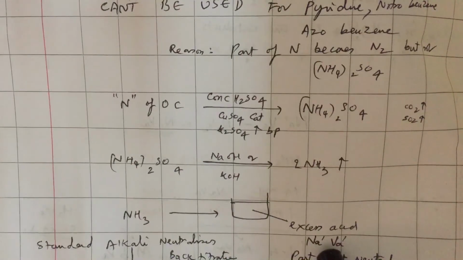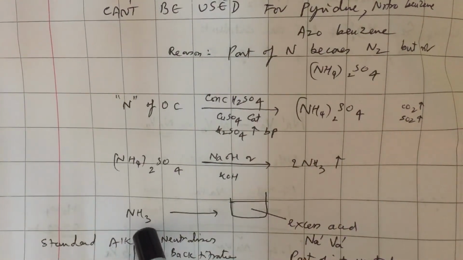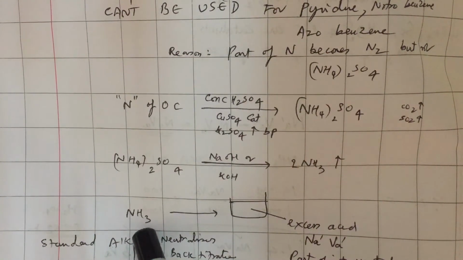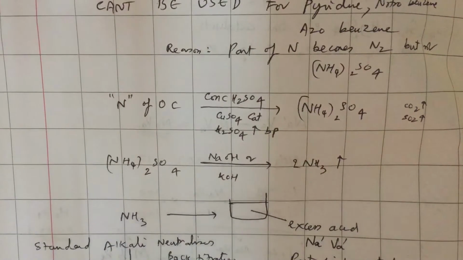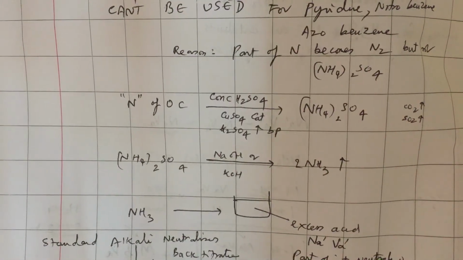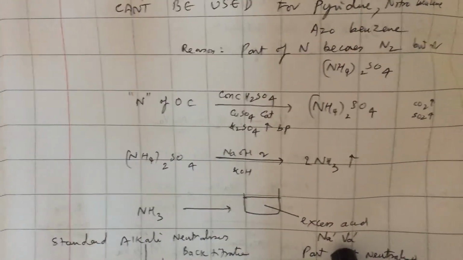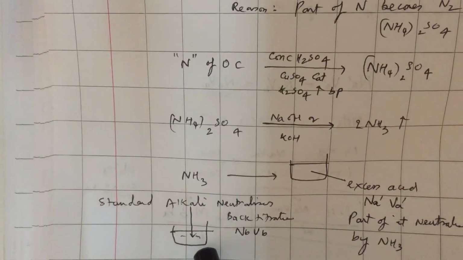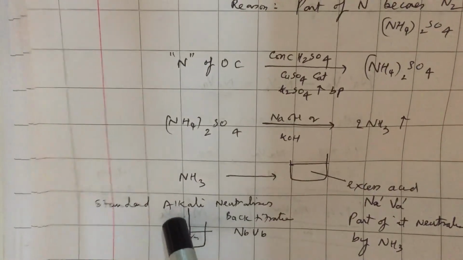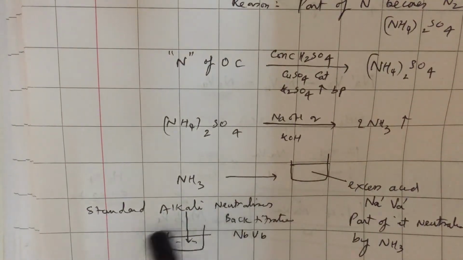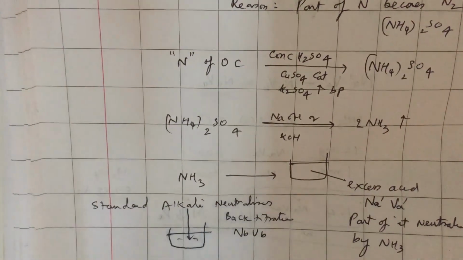When you take excess of acid, a part of the acid is neutralized by ammonia. Once a part of the acid is neutralized, the remaining acid is left. How much acid is left? You can find out by titrating this acid left out with a standard alkali like NaOH or KOH.